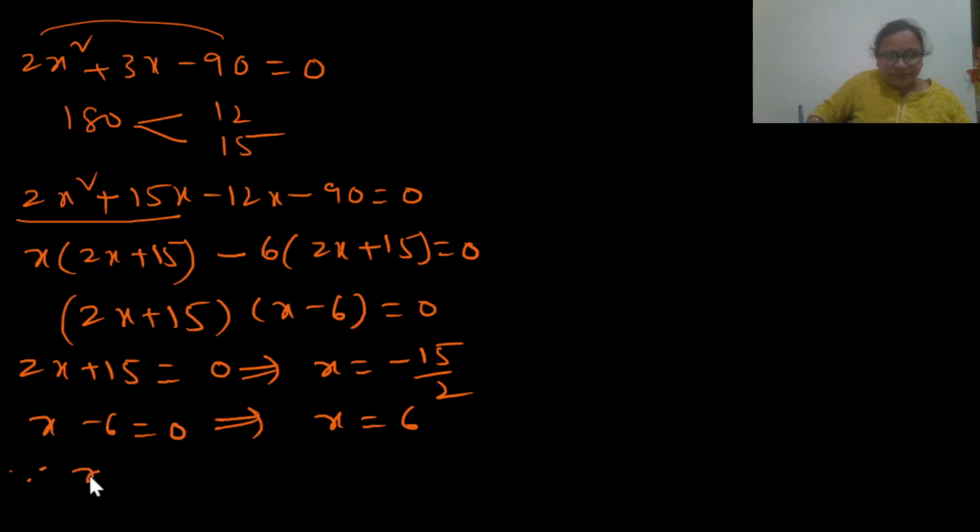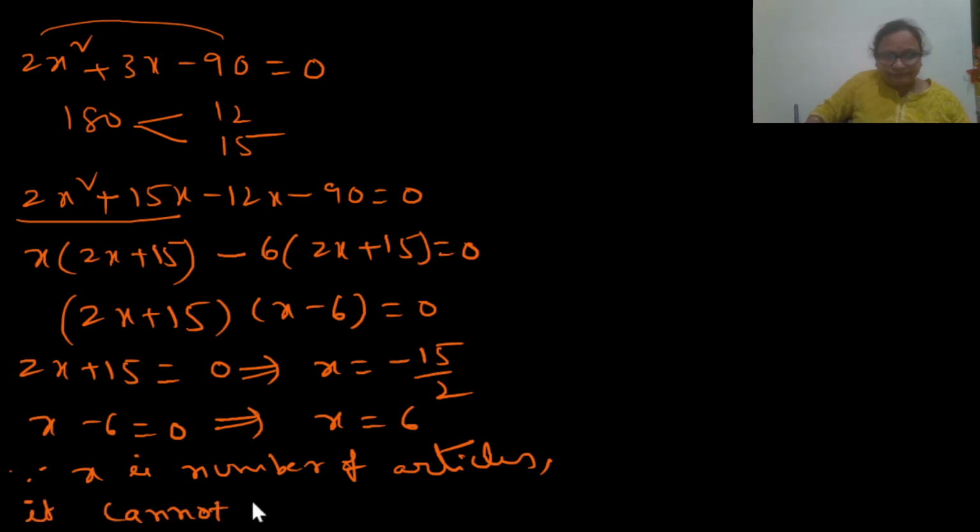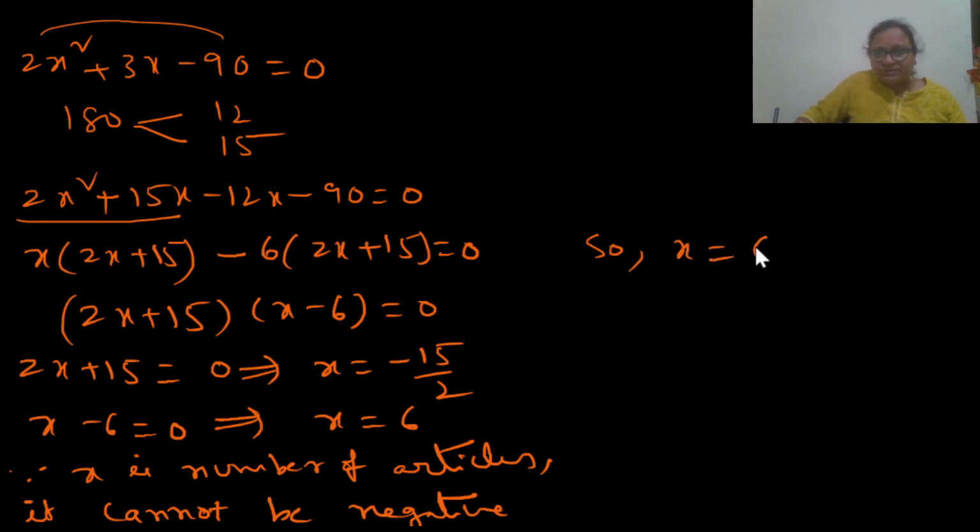Since x is the number of articles, it cannot be negative. So x is equal to 6.